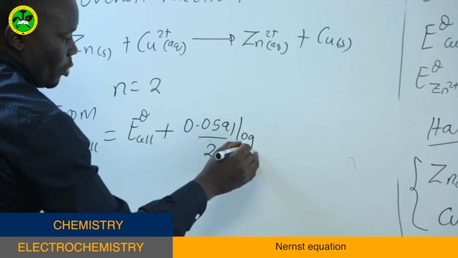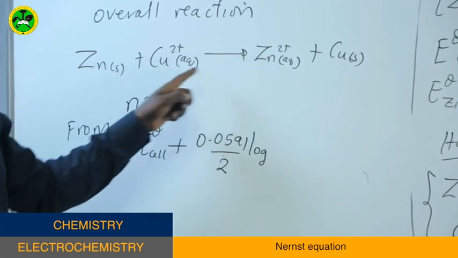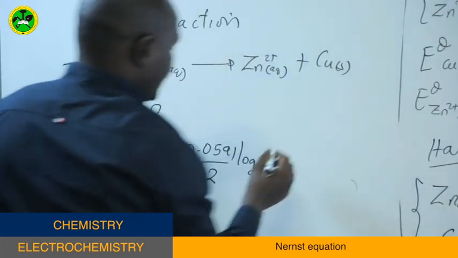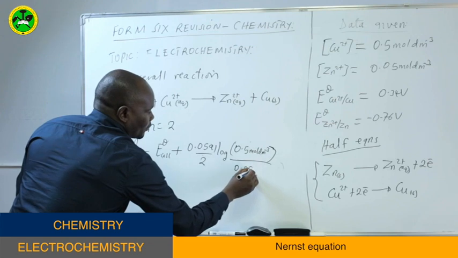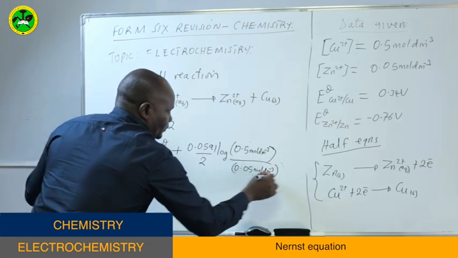So this will be divided by the concentration of zinc, which is the oxidized species, that is 0.05 moles per decimeter cubic.